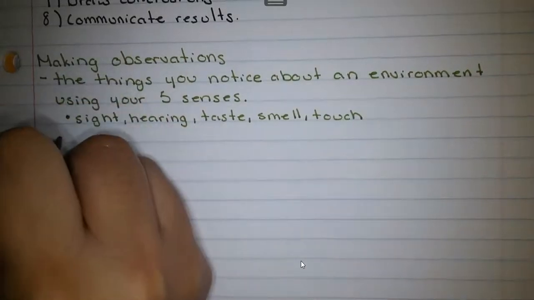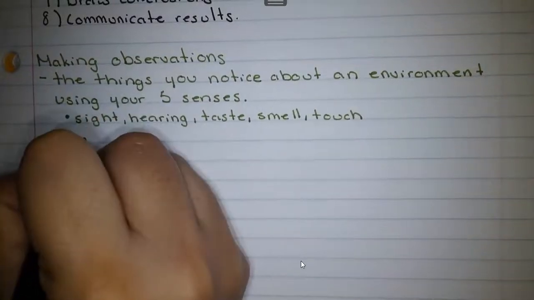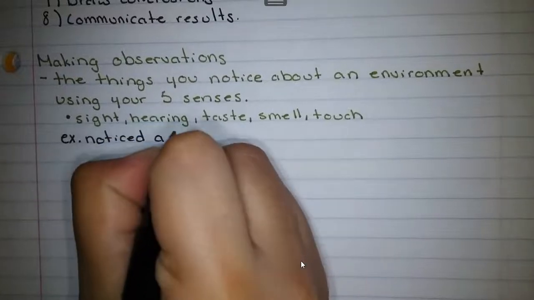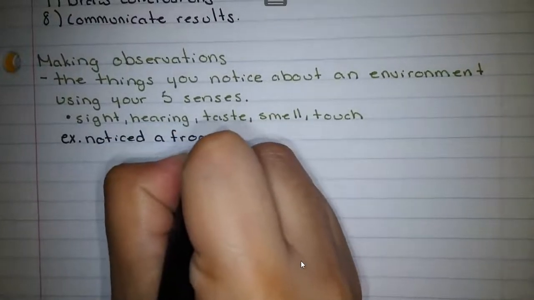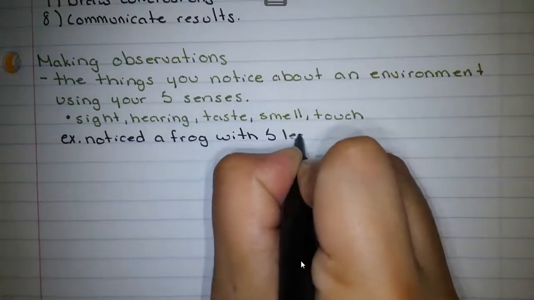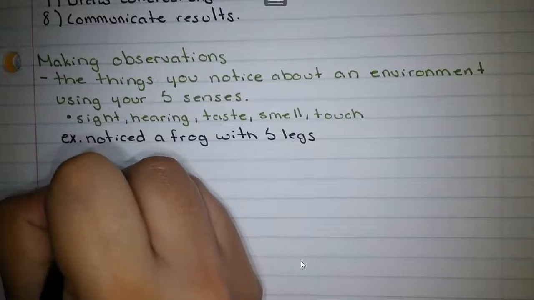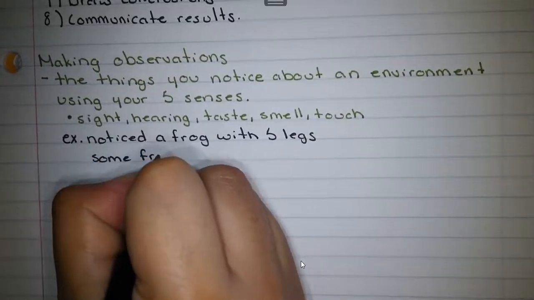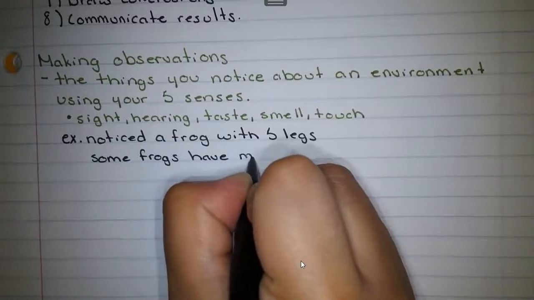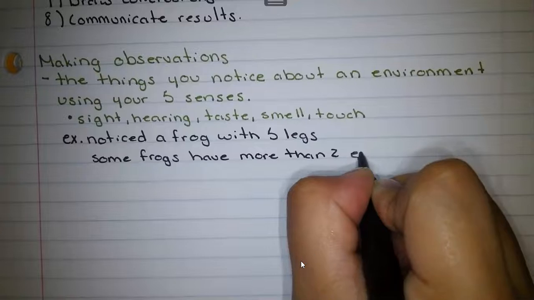So I'm going to put example. Okay, I noticed a frog with 5 legs. I also noticed some frogs have more than 2 eyes.